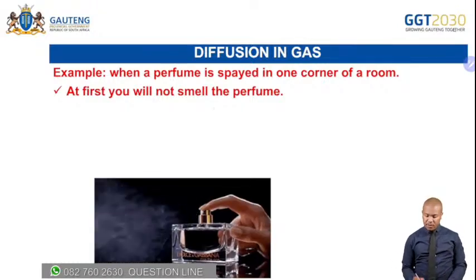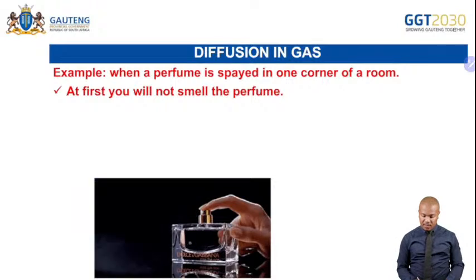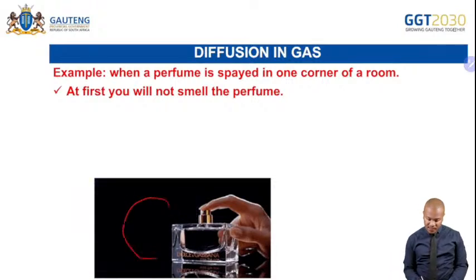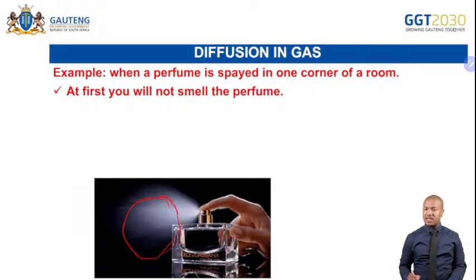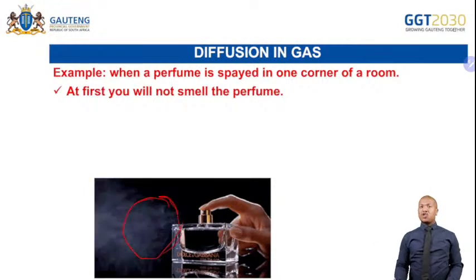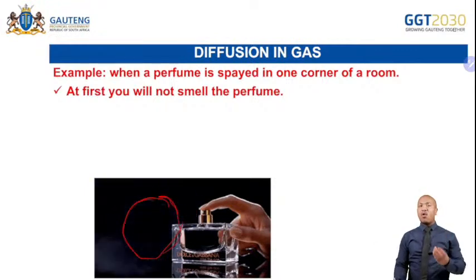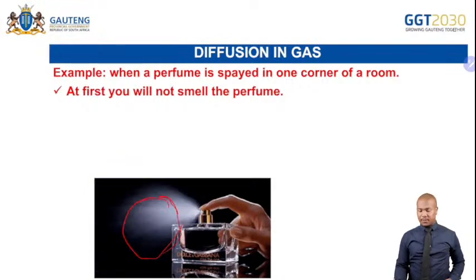So here is a perfume spray. As you can see there, we are spraying the perfume and the area of concentration is right here. It is highly concentrated here, right? So these particles will move now or diffuse to an area where they are lowly concentrated.